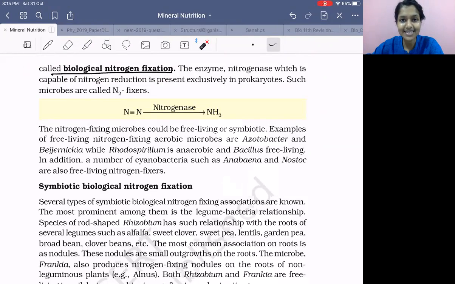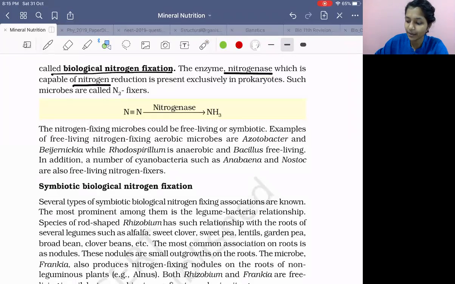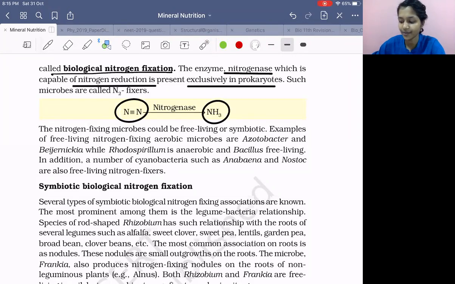Now, what exactly do these prokaryotes have that they are able to fix nitrogen into ammonia? They have an enzyme, nitrogenase, which is capable of converting N2 into ammonia, and which is present exclusively in prokaryotes.